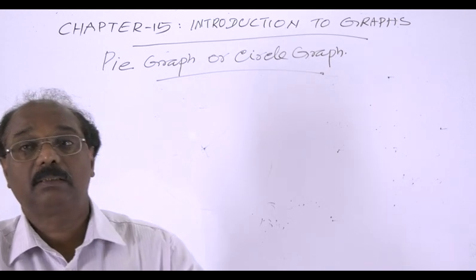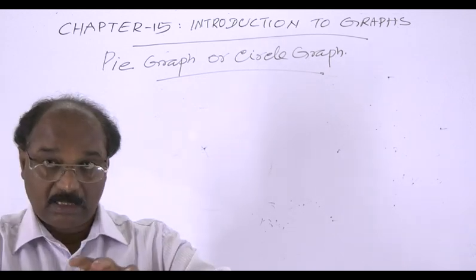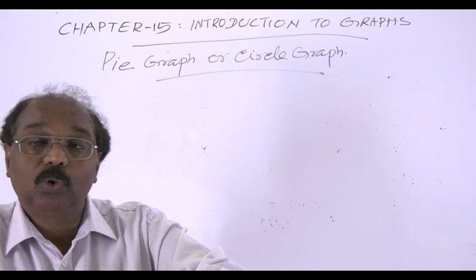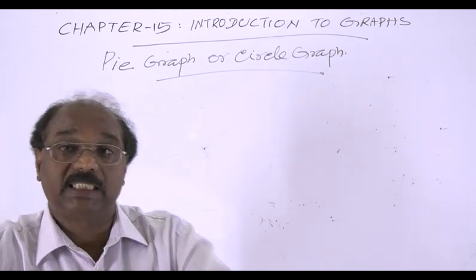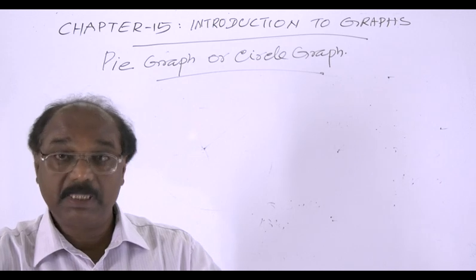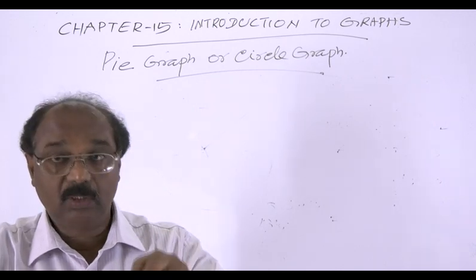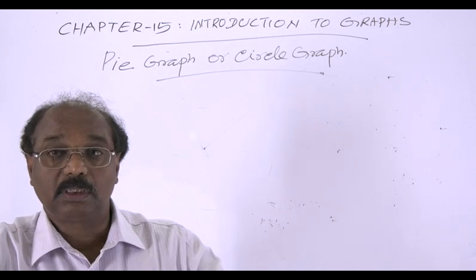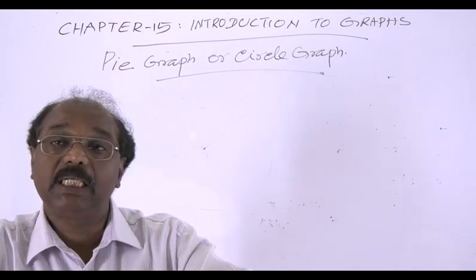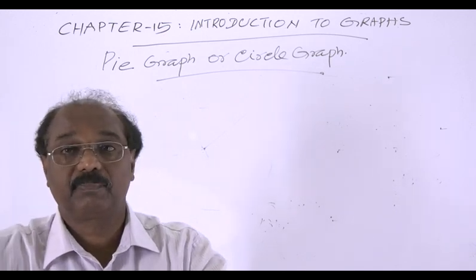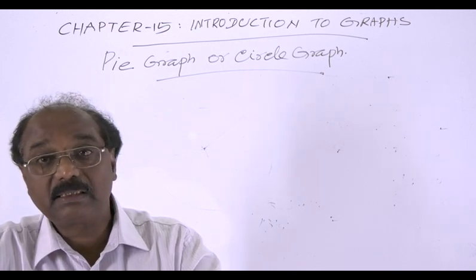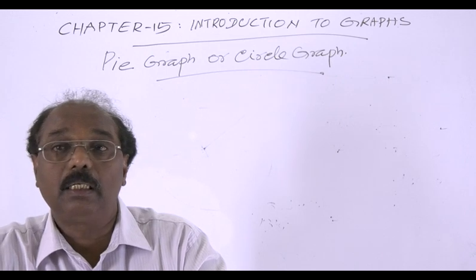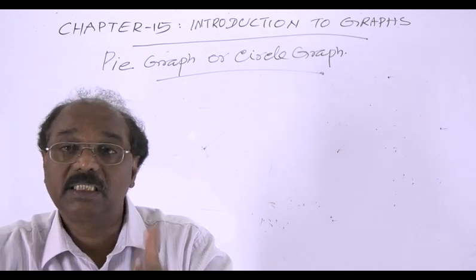That means for a particular data item and its numerical value, there will be components, and these components can be represented in this circle, in this graph.